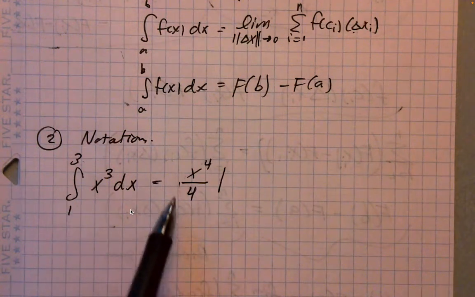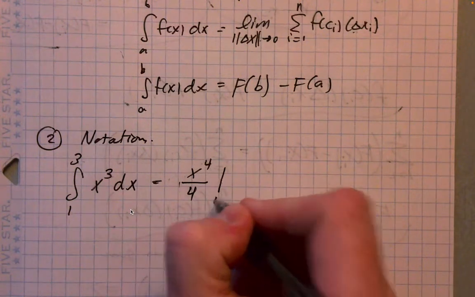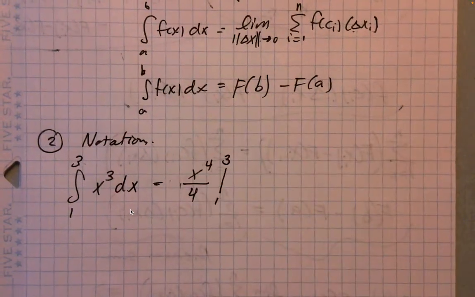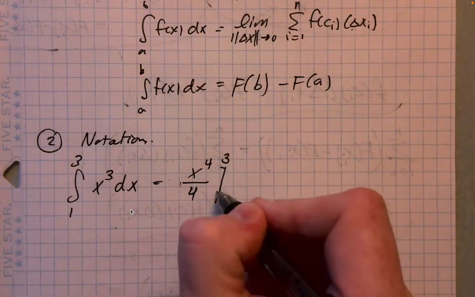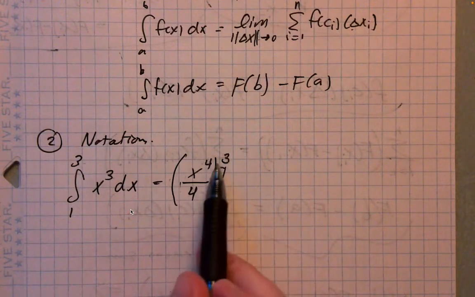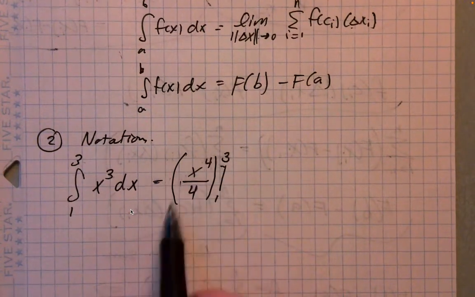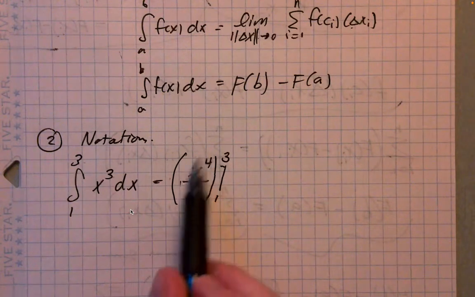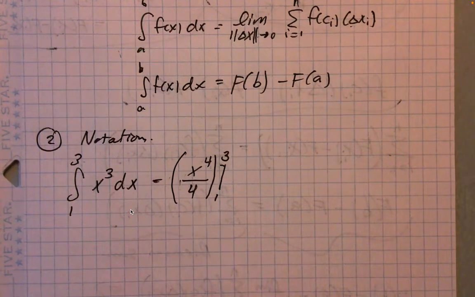But now what we can do is find the antiderivative and then plug in the values 1 to 3, right? This is the notation that people will frequently use. They'll put this in parentheses and then have a vertical bar with the upper limit and the lower limit. This is just telling you that you need to evaluate this at 3 and then separately at 1 and identify the difference.